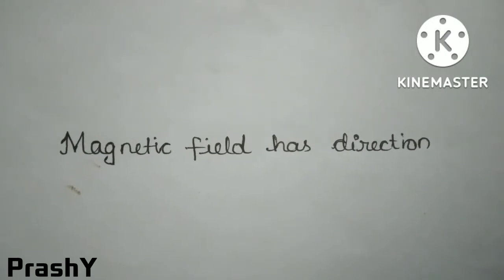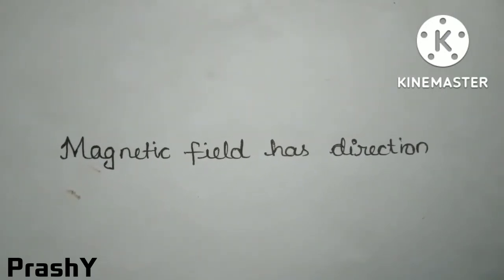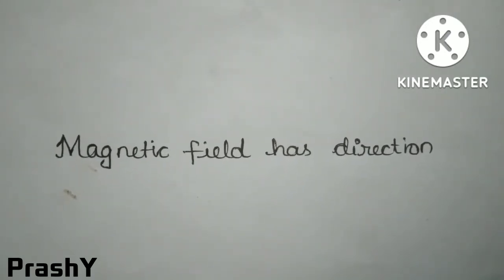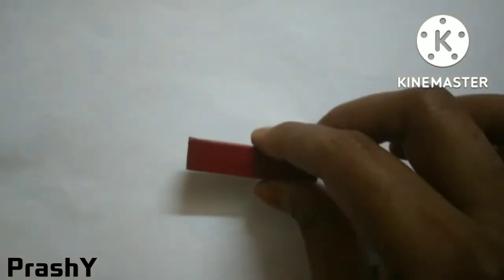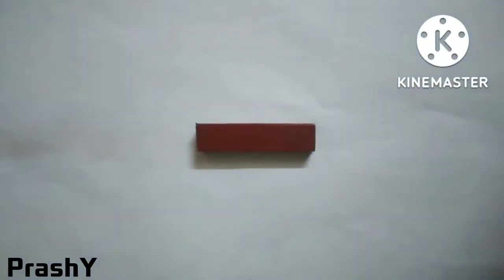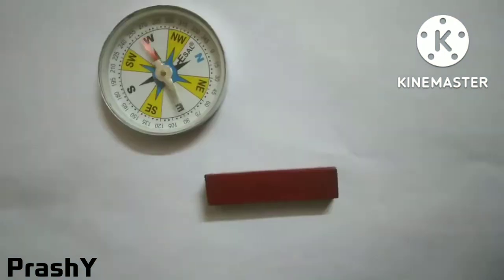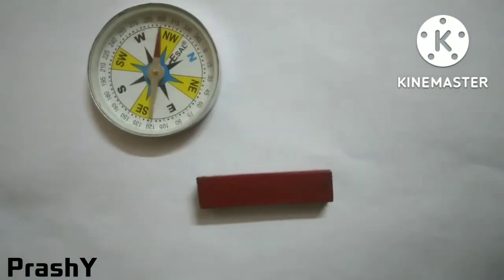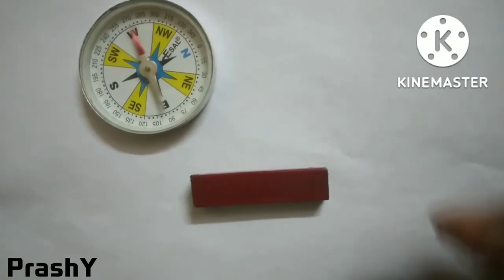Let us perform another activity to know whether the magnetic field has direction. Take a white paper and place it on a table. Now place a bar magnet in the middle of the sheet. Now place a magnetic compass near the magnet. So the compass settles at a certain direction.